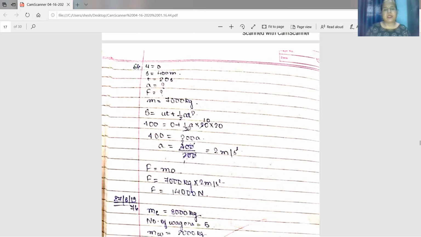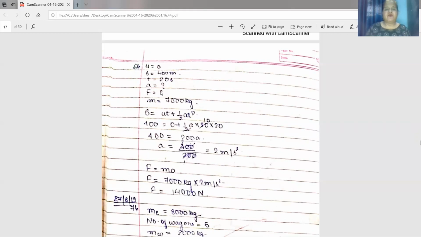So 0 into 20 plus half, a you don't know, you want to find it out, into time 20, so 20 into 20. You will cut this 20 with this 2. So 400 is equal to 0 plus 20 into 10, that is 200a. Therefore, a equals 400 by 200, which is equal to 2 meter per second square.